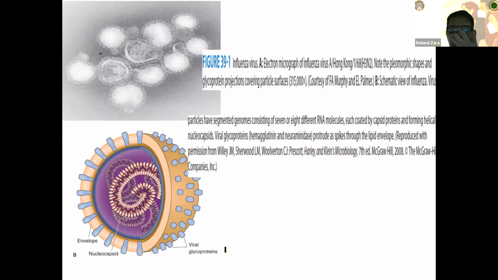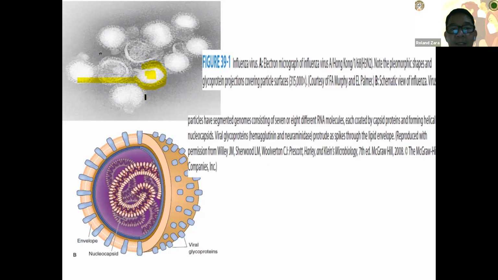Now, this is the electron microscope typical feature of your influenza virus. So this is usually spherical, and sometimes it is pleomorphic. It may assume several shapes. And you see the outer structure, and these are your spikes, made of your hemagglutinin and the neuraminidase, and inside here are your structural and non-structural proteins.